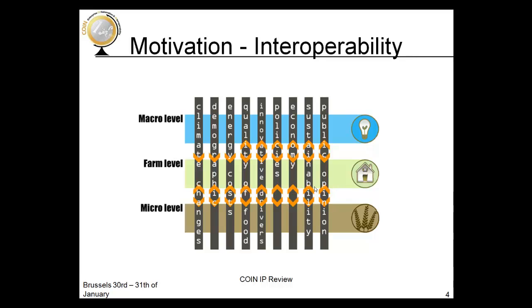For example, if you would like to decide about fertilization, you don't need only information about the nutrients in the soil, which is on the micro level, but also important information about weather, because applying fertilizer at the wrong time could in principle wash all the matter out of the soil. So you need to be able to combine information from all three levels to be able to make a decision.